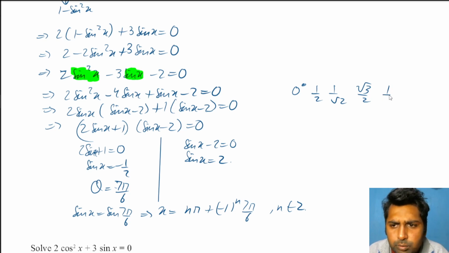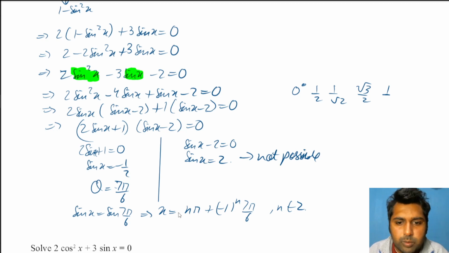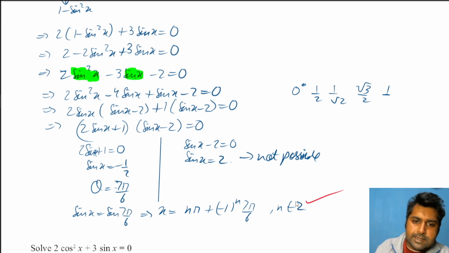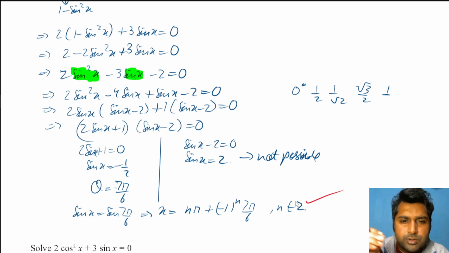Means you can never go beyond 1. That means sine x equal to 2 is not possible. So for this there is no solution. So only one solution, that is this one. Sine x is never more than 1. So the moment you see sine x is equal to even 1.001, just say no solution for that.